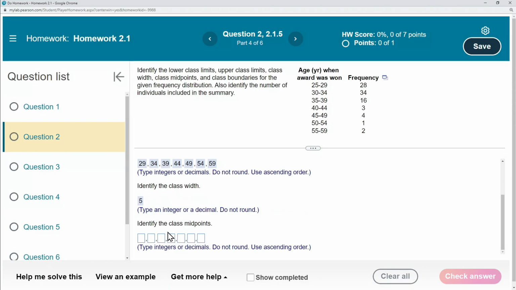Okay, now the next thing we do not have a formula for yet. If you watch my other video, we did not get a formula yet. So I'm going to go ahead and give us a formula for class midpoints. Now, I did mention in my other video from 2.1 that the class midpoints are halfway between the lower class limit and the upper class limit for that class.